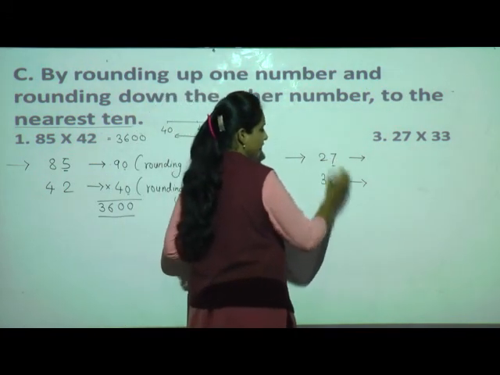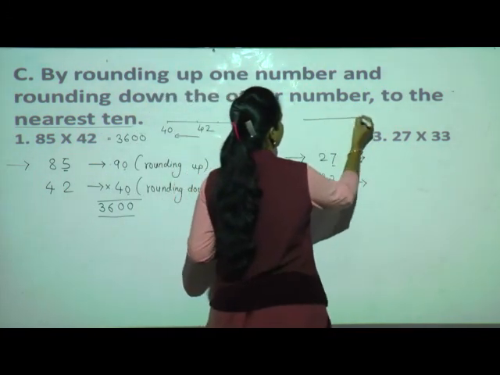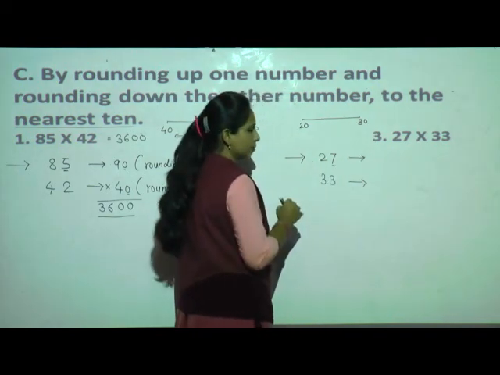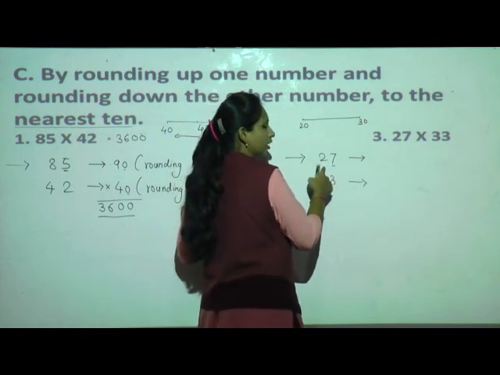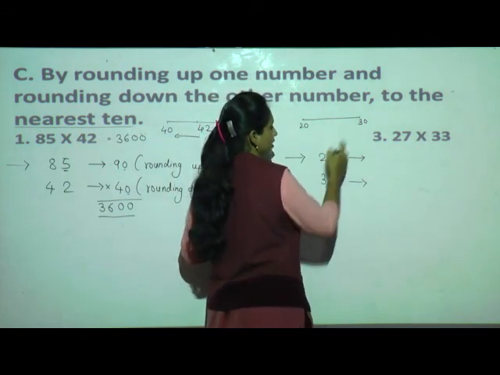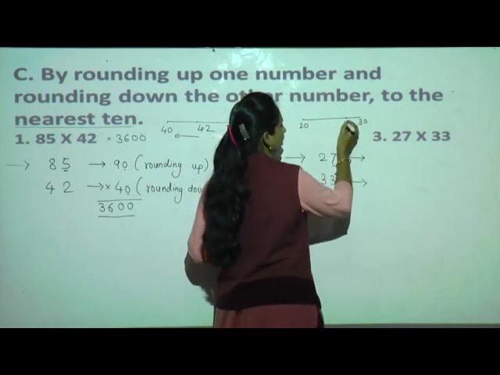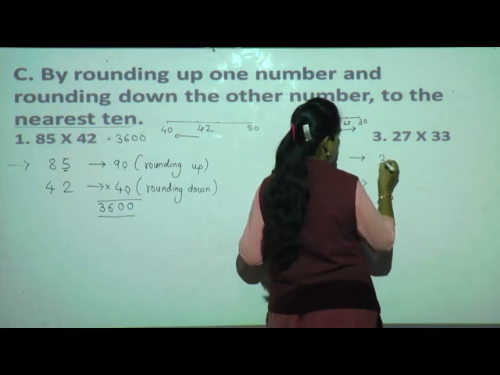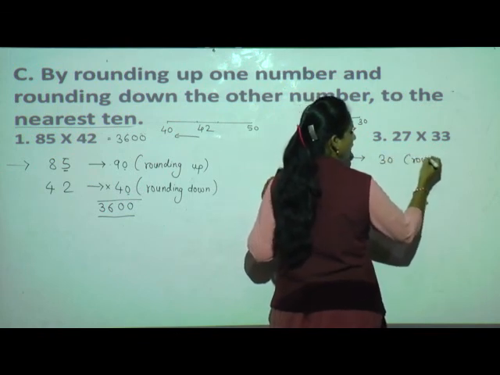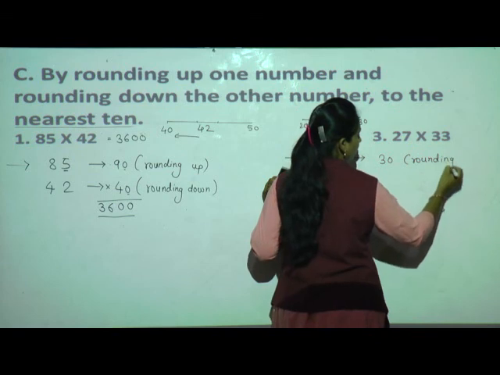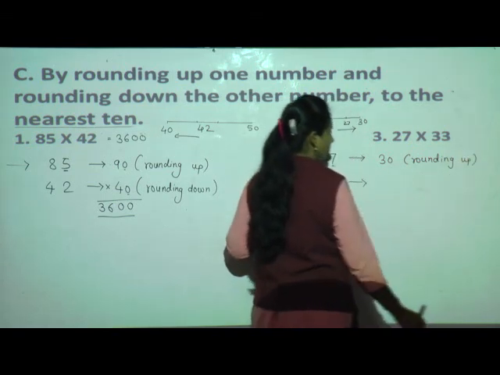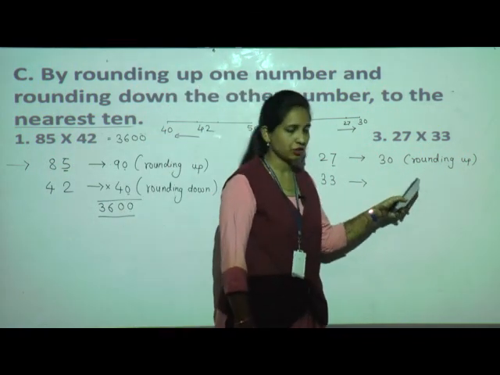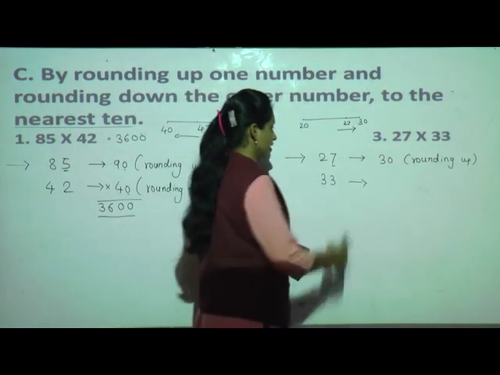So now 27. 27 lies between 20 and 30 in the multiplication table, in nearest tens. So where does it go? Up means to 30. So 30 is what? Rounding up. So you need to mention it. Sometimes if we are taking the first number rounding down, for that sake you need to mention it whenever this type of question is there.